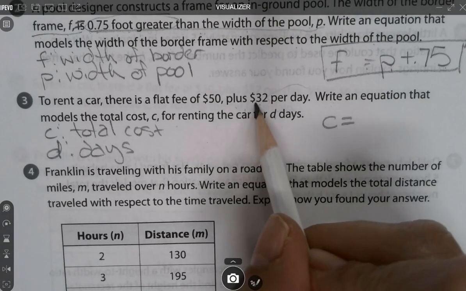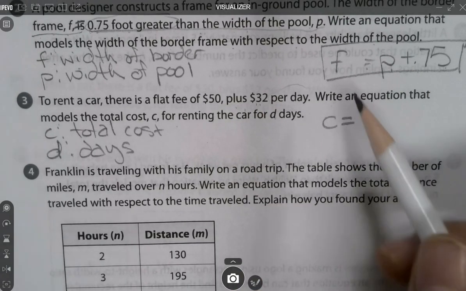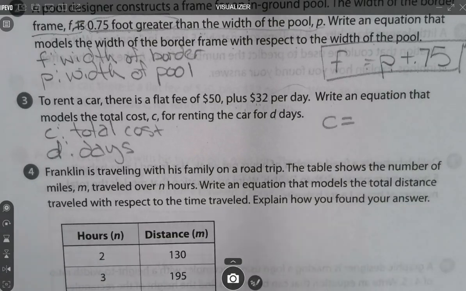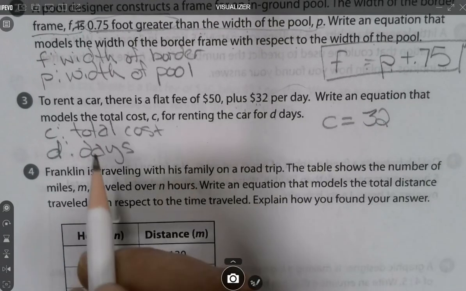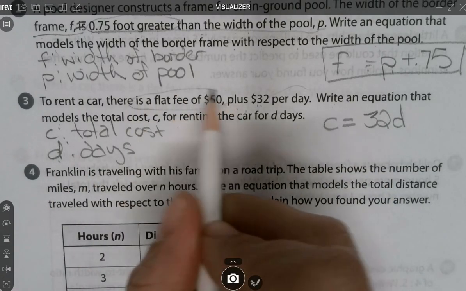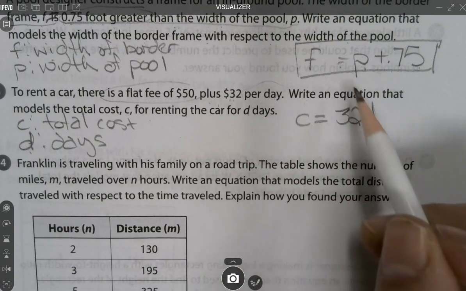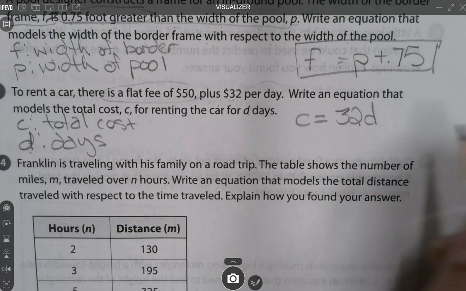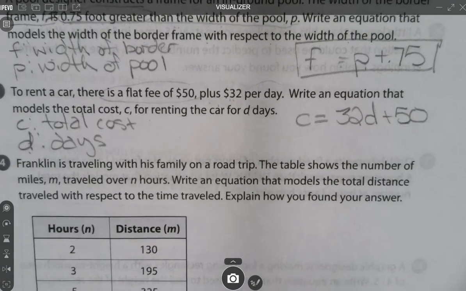So $32 per day. So one day it's $32, the next day it's another $32, the next day it's another $32. Repeated addition, that is just my multiplication. So I know it's $32 per day. I just don't know how many days. And then I have to pay $50 regardless. For one day or for 12 days, I have to pay that constant price of $50.